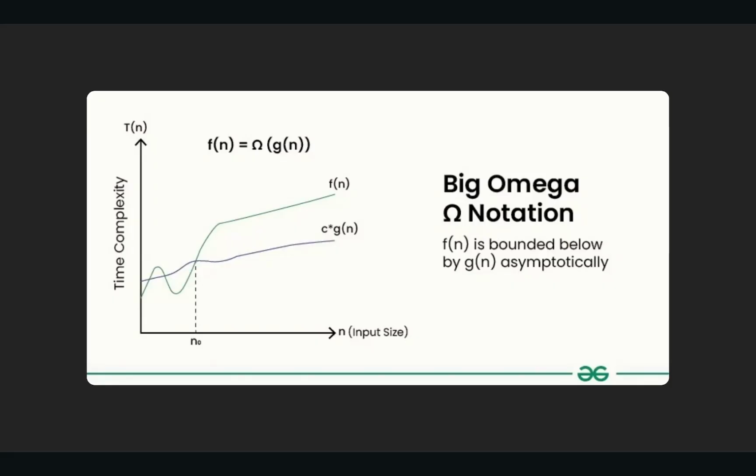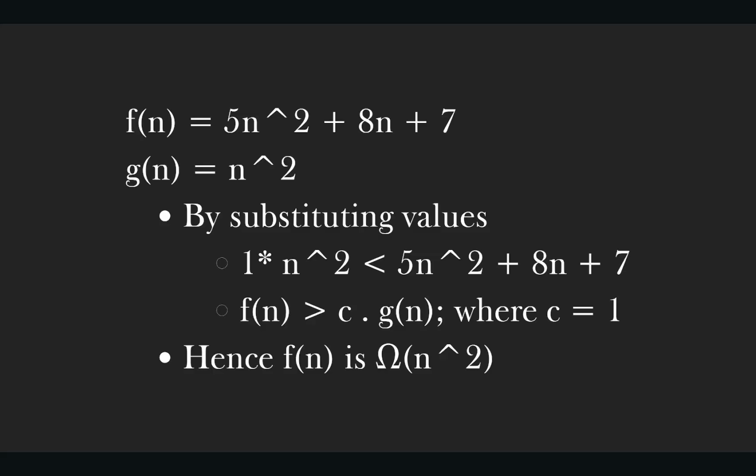All right. So let's try a quick example. Over here we have Fn, 5 times n squared plus 8n plus 7. And then for Gn, I take n squared. How do you take n squared as the candidate for Gn?